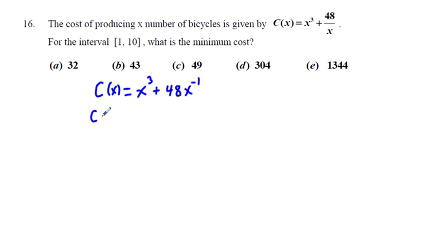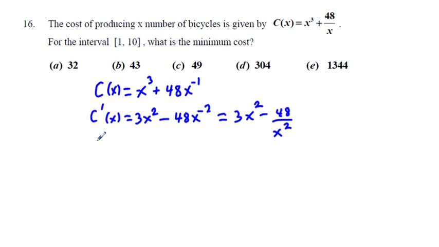And so c prime of x is equal to 3x squared, and we're going to say minus, because negative 1 times 48 is going to be negative 48, and x to the power of negative 1 minus 1 is negative 2. So that's equal to 3x squared minus 48 over x squared.